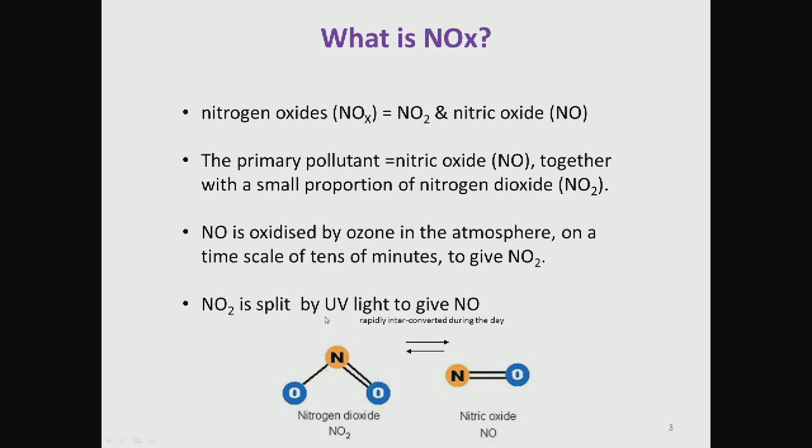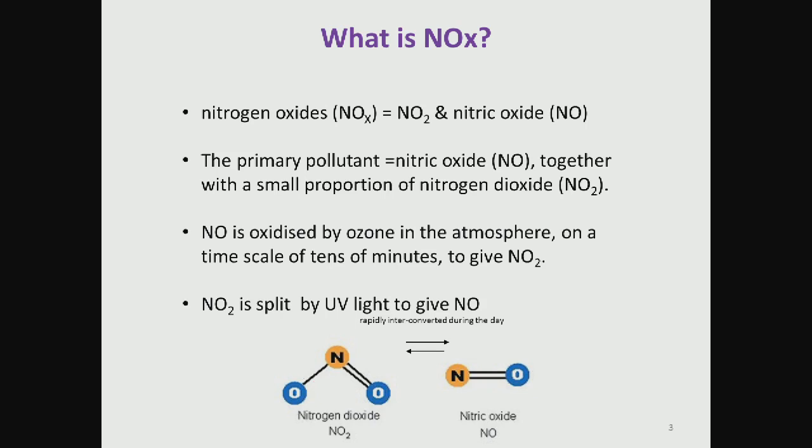There's a very quick interconversion between NO2 and NO in the atmosphere, depending on light levels and how much you're emitting from your source. So very often we talk about nitrogen air pollution as NOx, to take account that in fact it's a mixture of NO2 and NO.